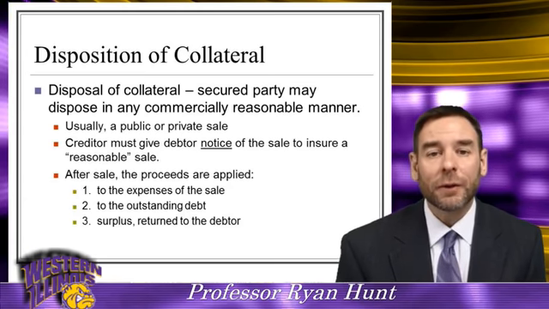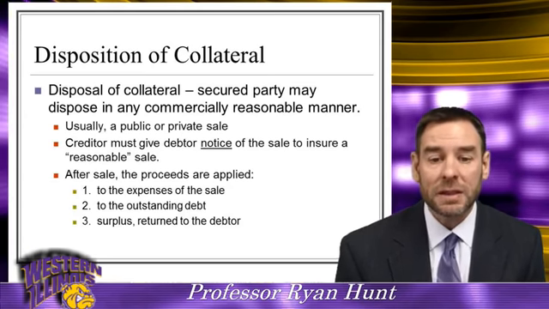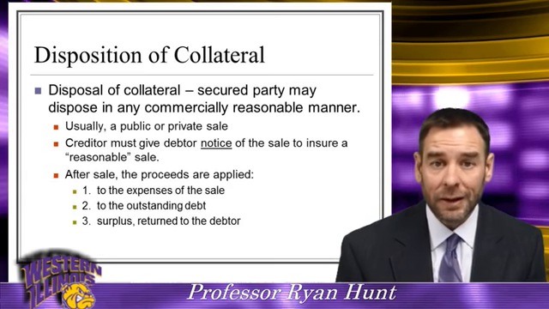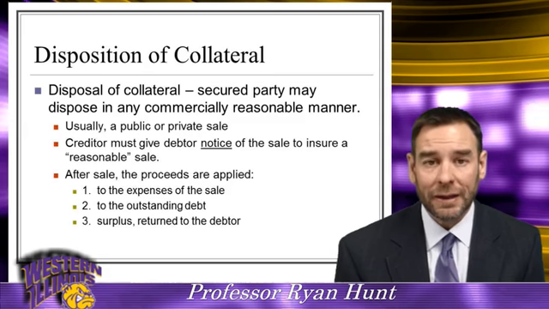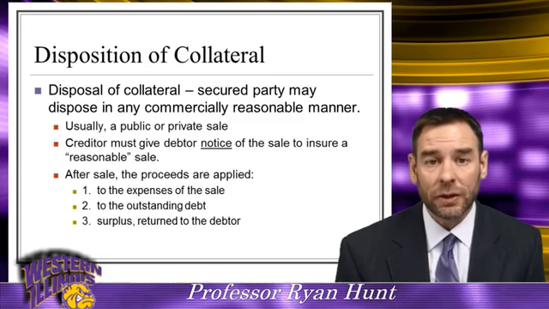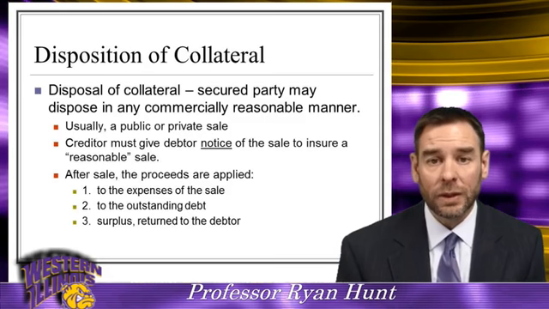Right? And so for this reason, the creditor must give notice to the debtor of the time and the date of the sale so that the debtor can keep tabs and make sure that everything goes above board, that it's all reasonable.